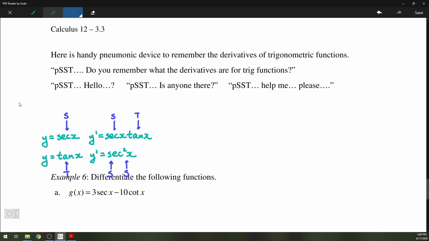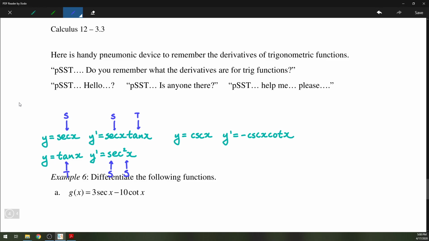And likewise for the cosecant, y equals cosecant x, and its derivative is negative cosecant x cotangent x.